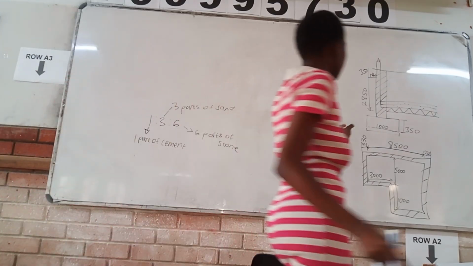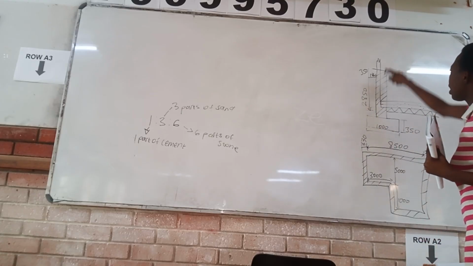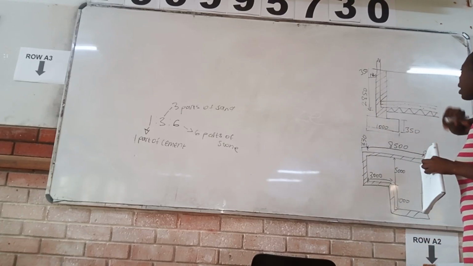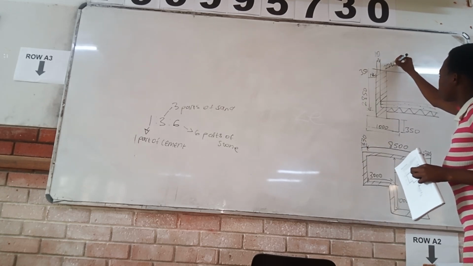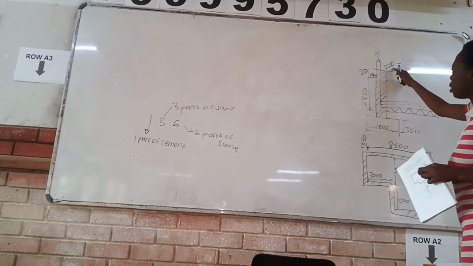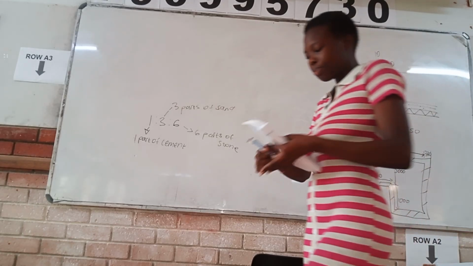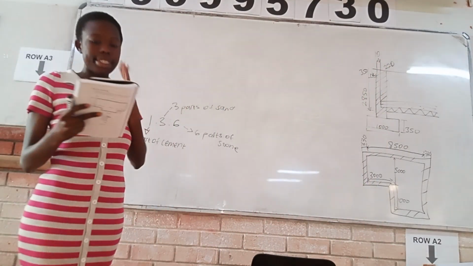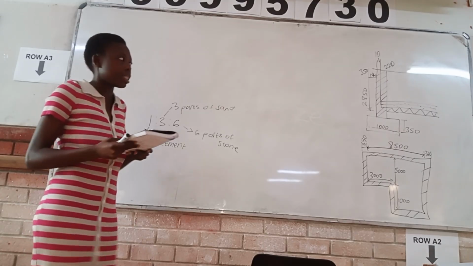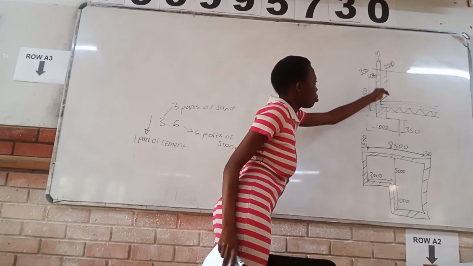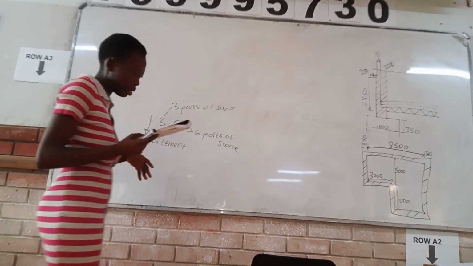So they gave us a 330 foundation wall, and then it is divided into a 110 wall and a 220 wall. The 110 wall is external, the 220 wall is internal, and the external and internal walls are separated by a 20 millimeter thick mastic asphalt in between.